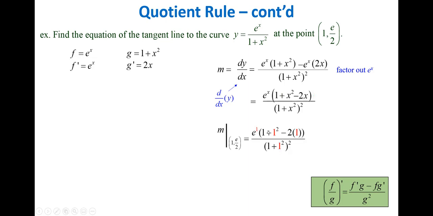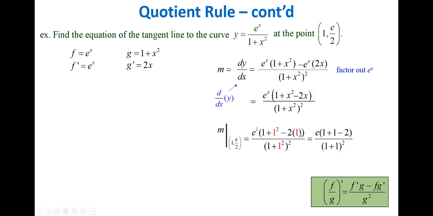And that's going to look like this: e to the 1, inside of the parentheses, 1 plus 1 squared minus 2 times 1, over 1 plus 1 squared, and that's all squared in the denominator. And then simplifying this, e to the first is e.